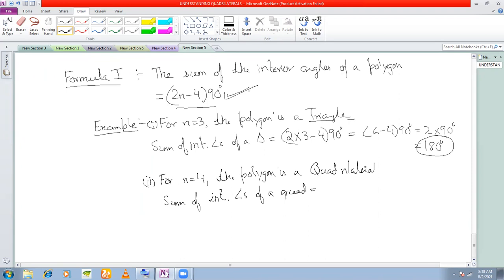Put n is equal to 4 in this formula because number of sides is equal to 4. 2 into 4 minus 4, into 90, which is 8 minus 4 into 90, which is 4 into 90 degrees, which is equal to 360 degrees. So for any quadrilateral, whether parallelogram, rhombus, or rectangle, the sum of interior angles is 360 degrees. Understood? Yes, sir.